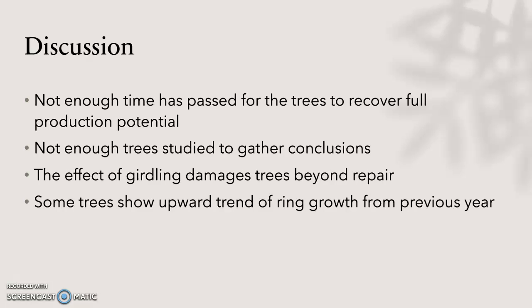So, in conclusion, more time needs to pass, and this should be done again to assess how the trees are doing in the future. But this is a nice place to start.